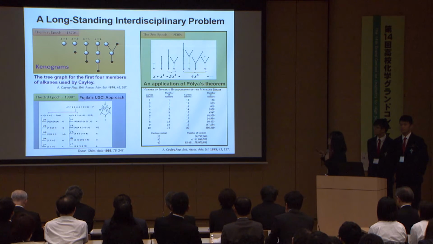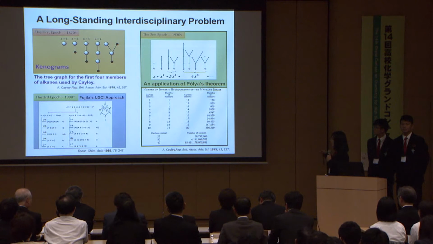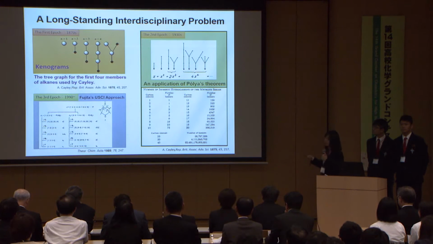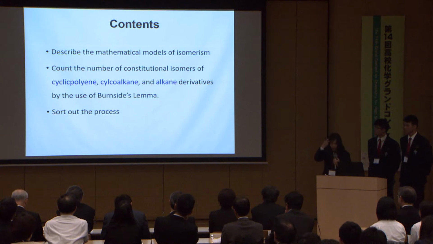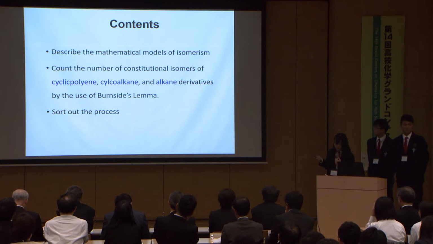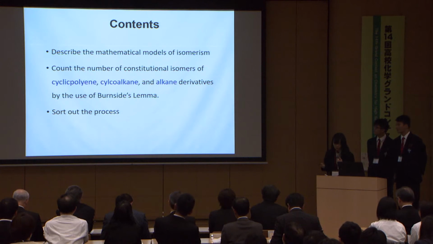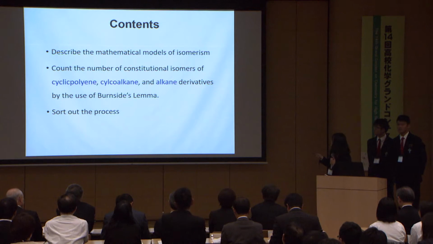We also found some references, but they solve the problem of isomers with generating functions, and their substituents are irreplaceable. So the following are several proposed methods to calculate the number of isomers of alkene, cycloalkene, and cyclopolyene.